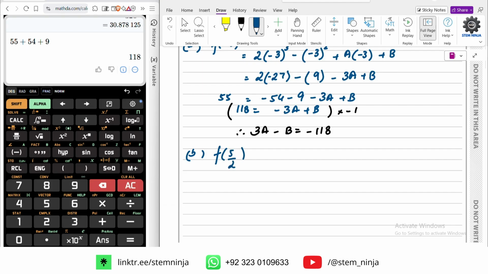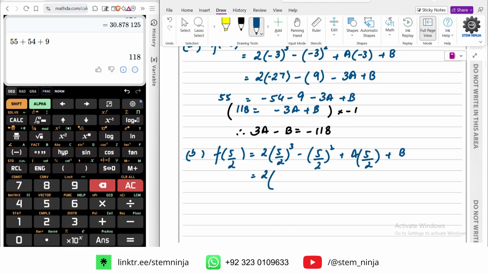So we have 2 times 5 over 2 cubed minus 5 over 2 squared plus a times 5 over 2 plus b.